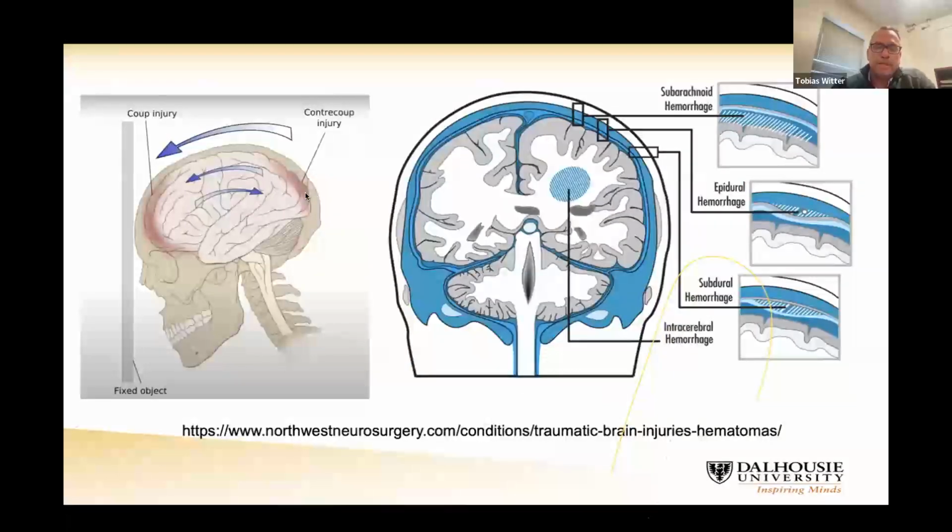And the mechanism is often with the coup, where the injury happens, and then the contrecoup because the brain bounces back and forth. And we can have multiple different bleeds. We can have subarachnoid bleeds, which we see fairly commonly in trauma. We have epidural or subdural hemorrhages as well. And then we can also have intraparenchymal hemorrhages that can cause problems, mainly in the frontal lobes, we see those.